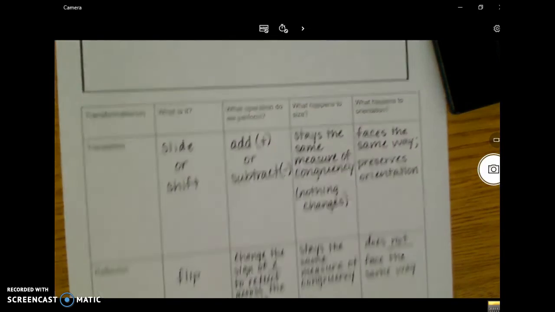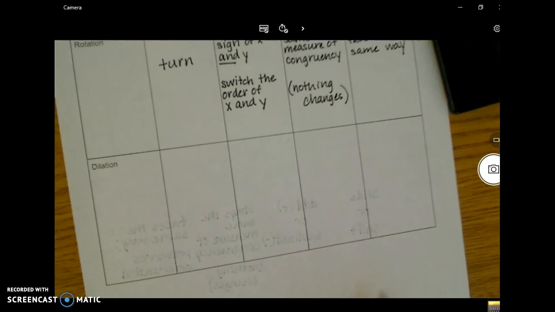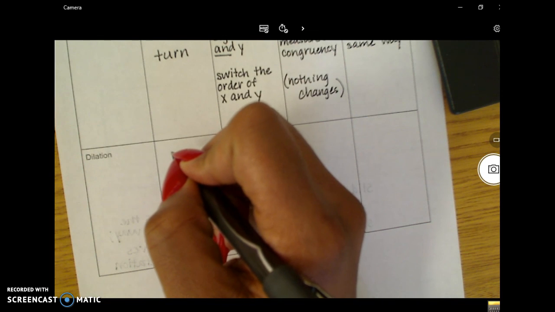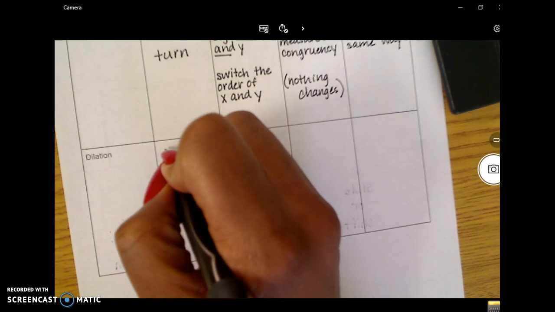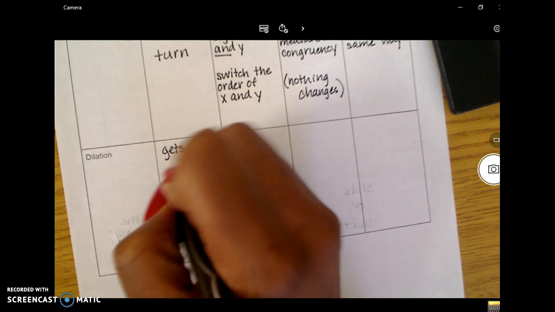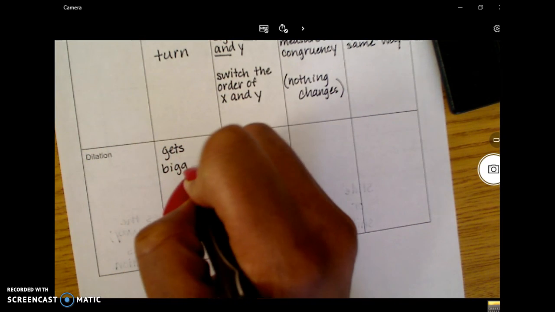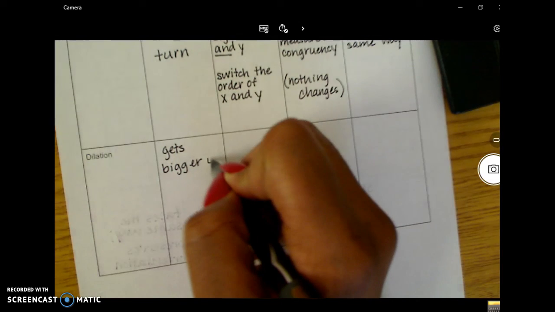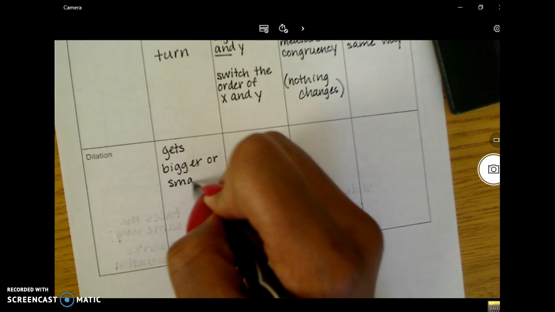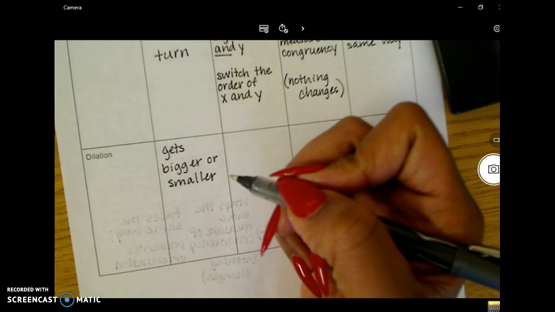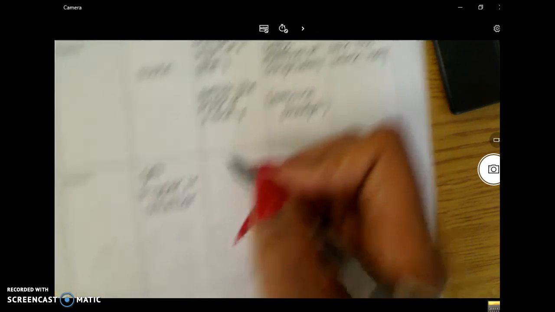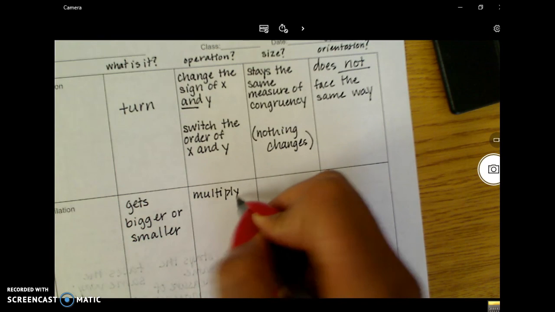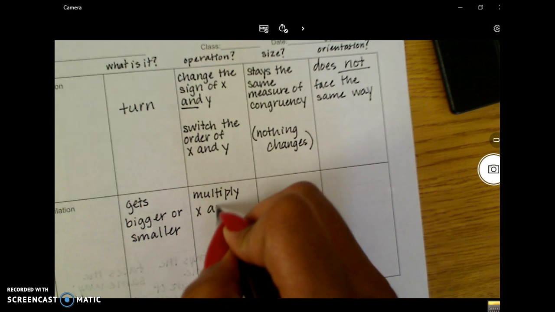So back to our notes to talk about dilation. You will have to flip your paper. A dilation is when it gets bigger or smaller. So we're going to write gets bigger or smaller. The mathematical operation, you multiply x and y.